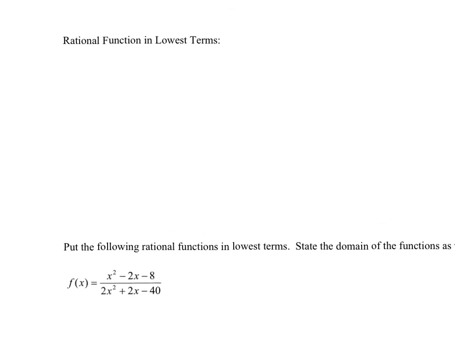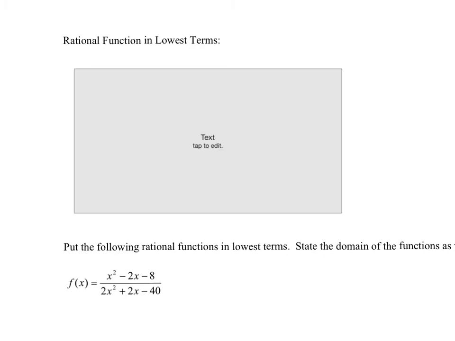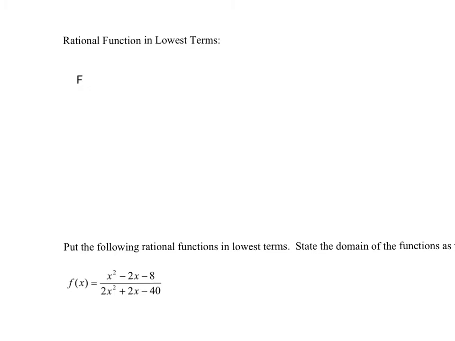Okay. Now we're going to talk about what a rational function in lowest terms is. What we mean by that is we want to factor the numerator and denominator of our rational function, and then cancel any common factors.